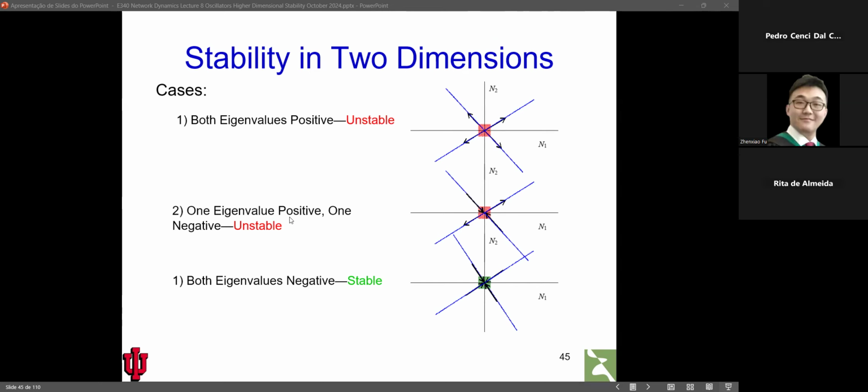If one eigenvalue is positive and one is negative, then the direction where the eigenvalue is negative is going to go towards the fixed point, but the other one is going to flee away. So it's unstable. Even if it goes there, then it's going to flee away. And if both eigenvalues are negative, then everything is going to tend to the fixed point, and it's going to be a stable one.